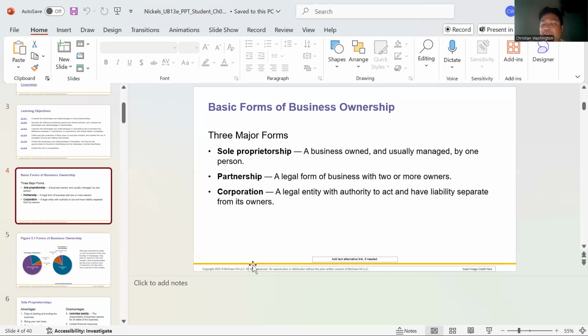Partnerships are where you have many different professionals coming together to start a practice. Maybe a group of doctors, dentists, lawyers, financial advisors. They're setting up a partnership. You'll see sometimes a partnership is set up when there's more than one owner. That's done for tax purposes, usually liability and very specific tax purposes.